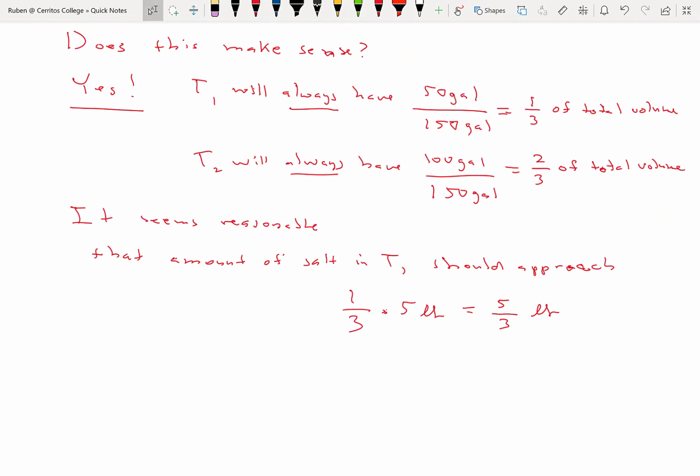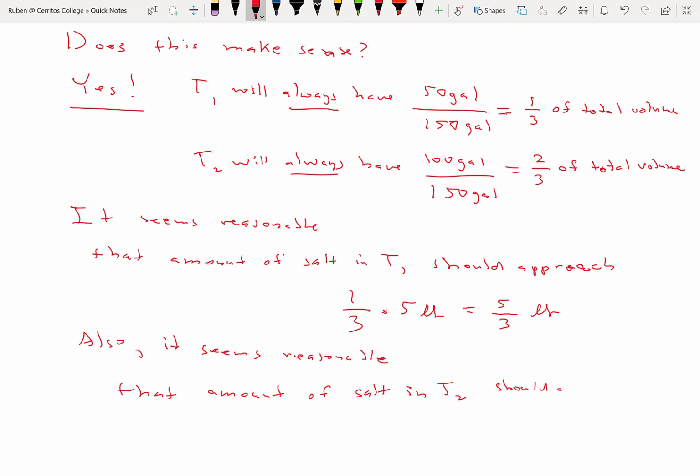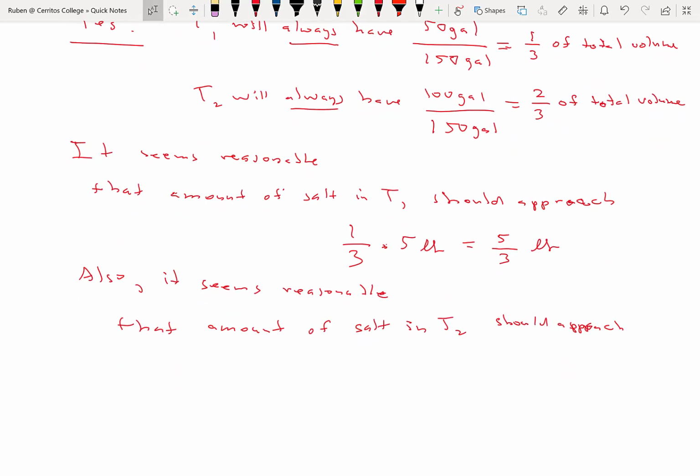Similarly, in tank 2, it seems reasonable that the amount of salt should approach, since there's always going to be 2/3 of the total volume of liquid in tank 2, 2/3 of the total amount of salt available in the system.